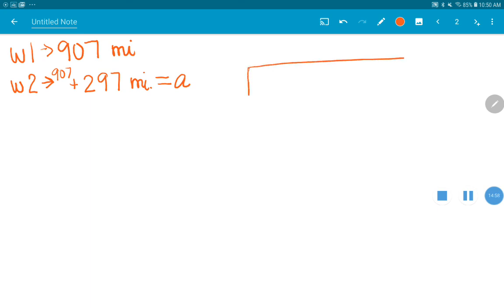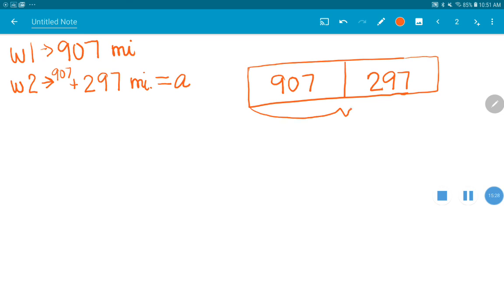I want you to draw a tape diagram to represent the amount of miles the first week, that's 907. I know the other part of what they drove the second week, which was 297. So what's missing, or the unknown, is going to be the total of those two.